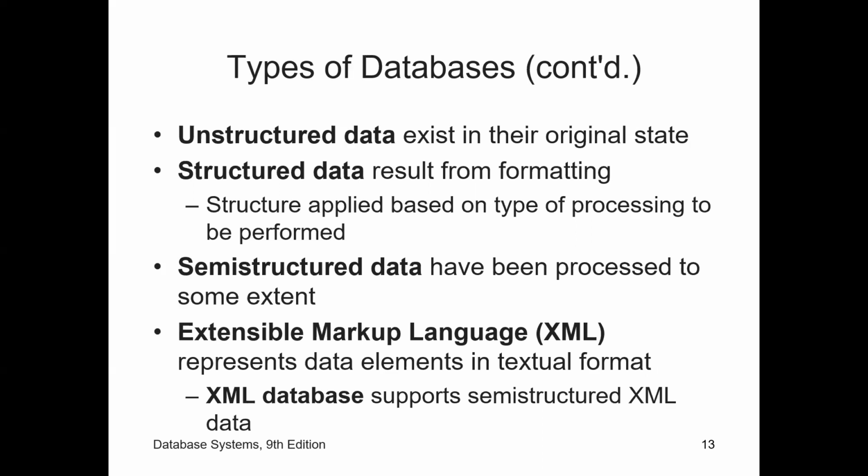Structured data are the result of taking unstructured data and formatting or structuring such data to facilitate storage, use, and the generation of information. You can apply structure or format based on the type of processing that you intend to perform on the data. Some data might not be ready, unstructured, for some types of processing, but they might be ready, or structured, for other types of processing.